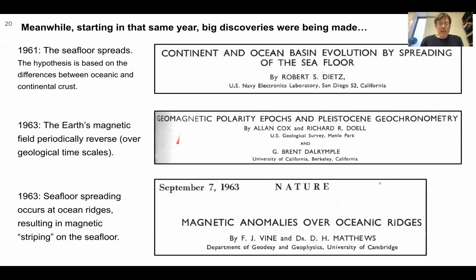So pretty radical idea to think about Earth history and its magnetic field changing. And then finally, in that same year, 1963, Vine and Matthews published Magnetic Anomalies over Ocean Ridges, saying that seafloor spreading occurs at ridges, resulting in magnetic striping on the seafloor.